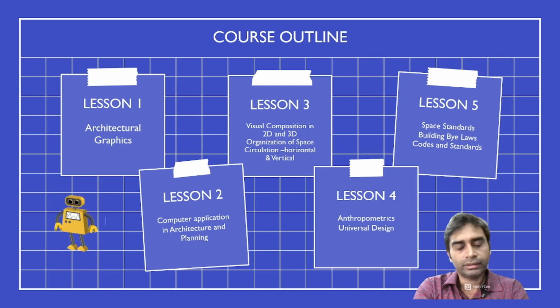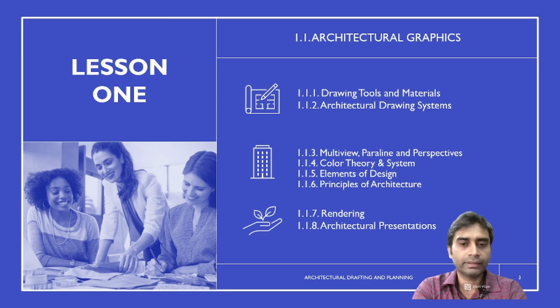So basically, we will try to cover each and every topic as per the syllabus in detail. We are not skipping any chapter. So in the architectural graphics, we have divided it into eight parts.